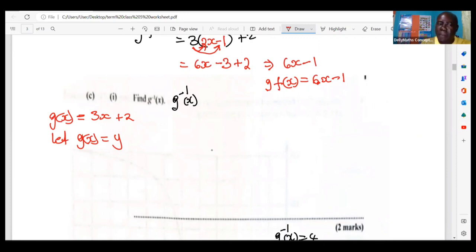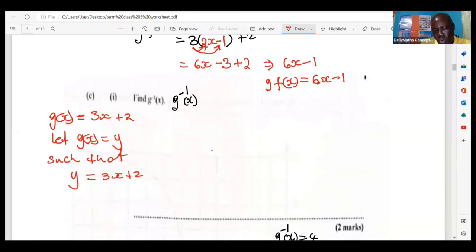If you want to write mathematical statements, you could write y is now equal to 3x plus 2. This is like you're writing a book. Let g of x equal y such that y is now equal to 3x plus 2.